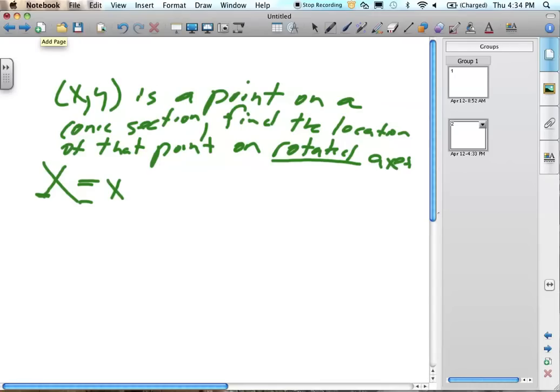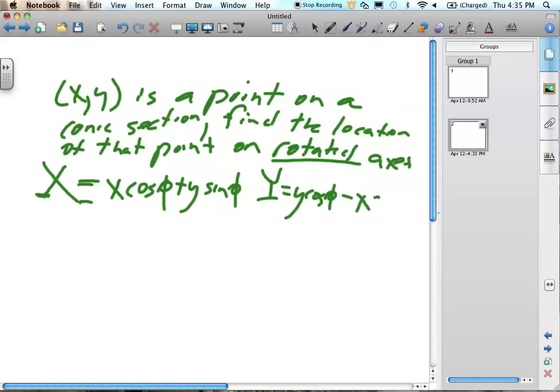That will be x, which is our original one, times the cosine of the angle we're rotating through, plus y sine of the angle. And the y-coordinate of that point is y cosine of the angle minus x sine of the angle.